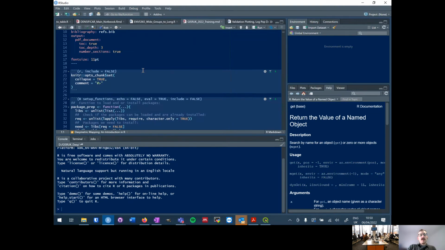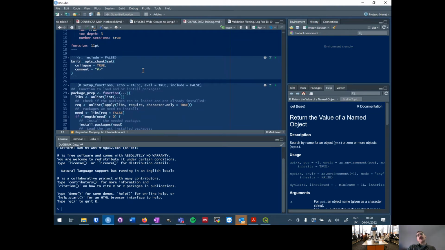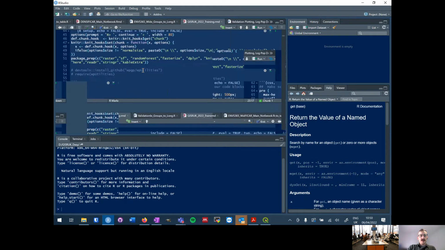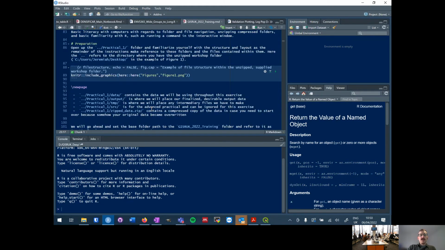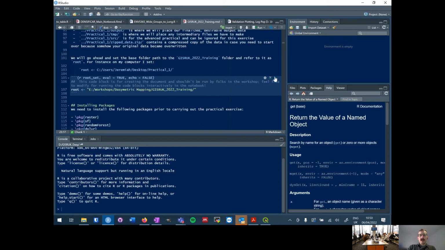So for those who might not have used a notebook before, you can have all these text-based things that guide you along through a workbook with these code blocks that you can run interactively by hitting the little green button, or you can copy and paste the code that's in these blocks into the interactive console at the bottom and run them by hitting enter.